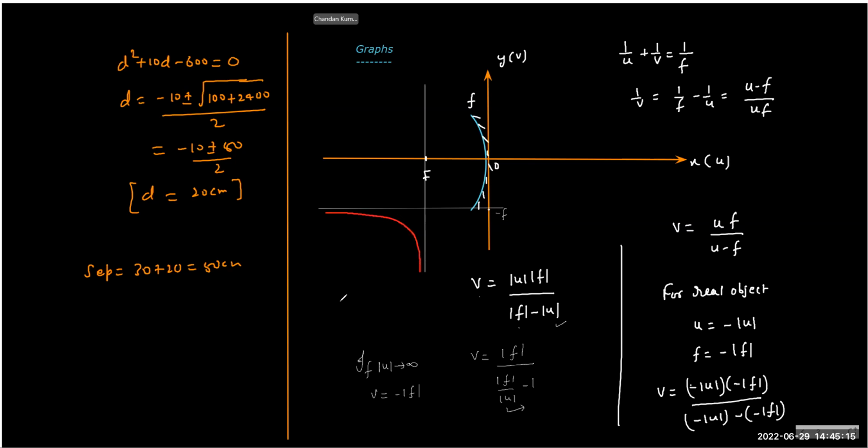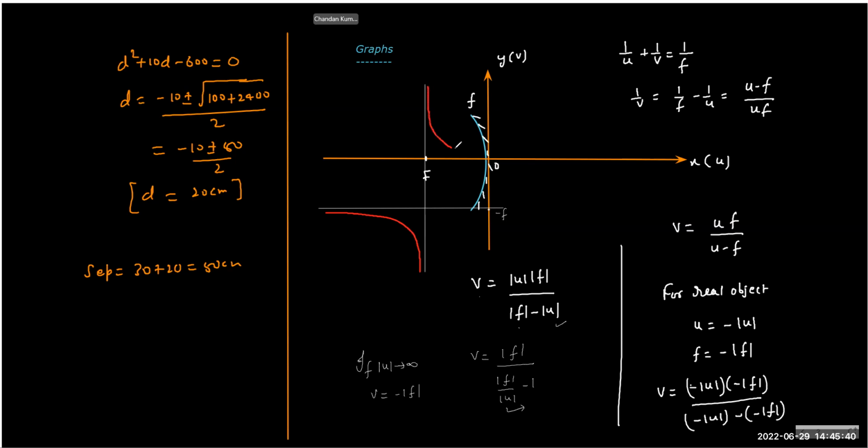This is the V graph, and at f it becomes minus infinity. So it becomes asymptotic. At infinity it is going to be parallel to the f line, which means the value will be minus f. The moment you cross the f line, at f the answer will be what? If you cross to the right side, the answer is still infinite, but on the positive side.